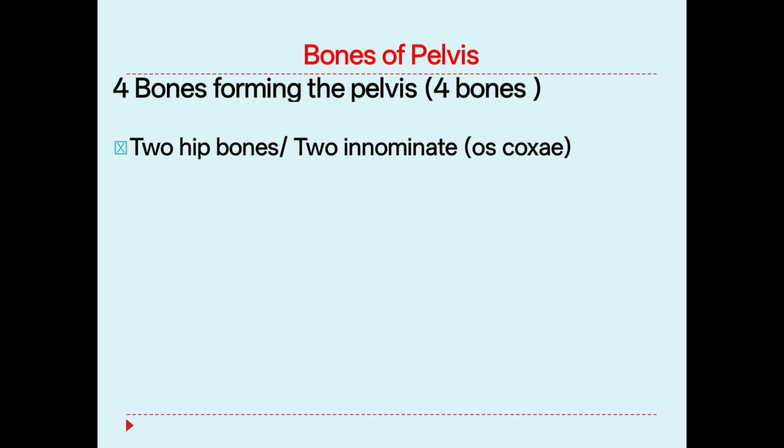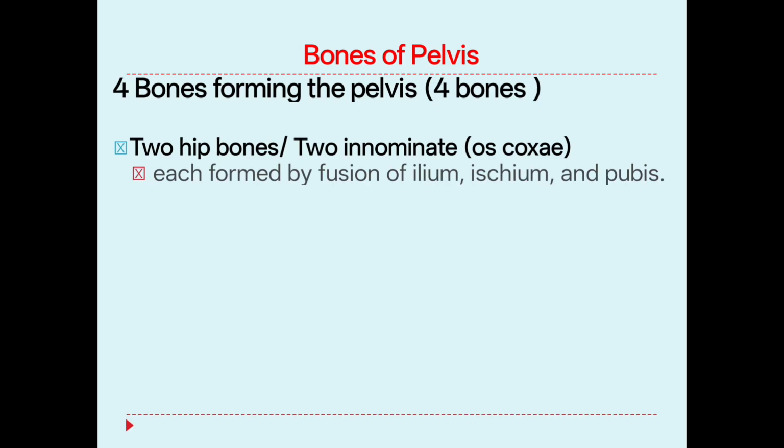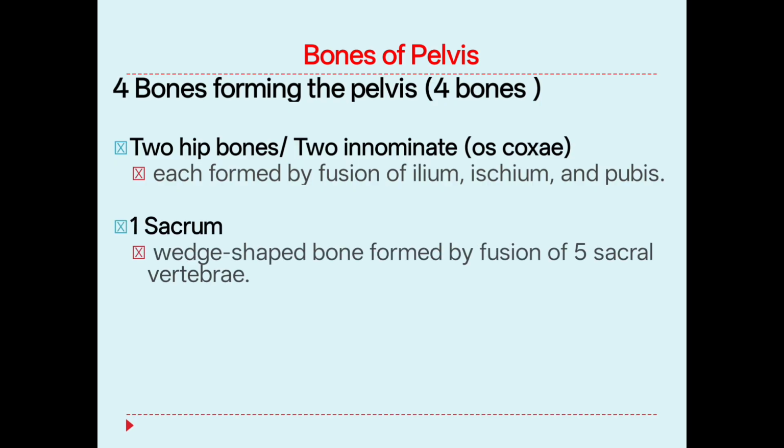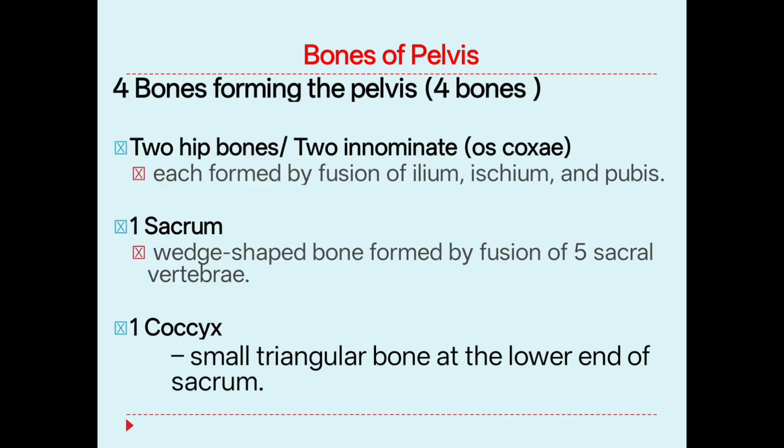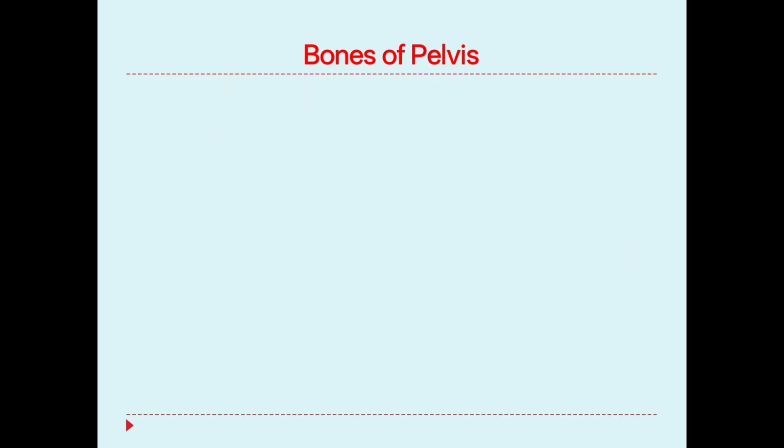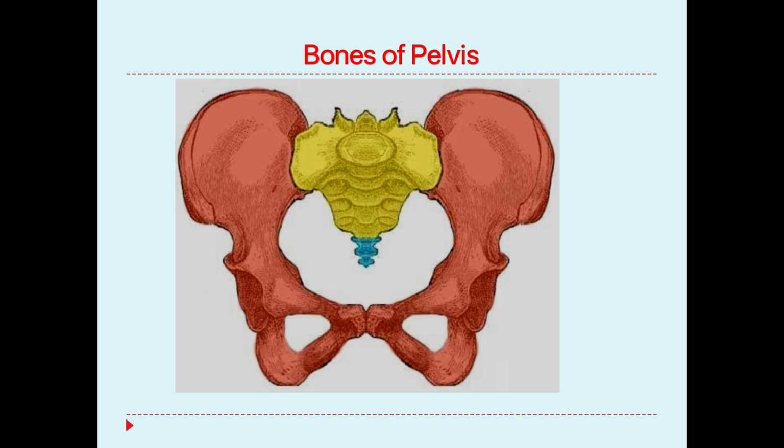So, two hip bones, each formed by the fusion of ilium, ischium, and pubis. Next, one sacrum, a wedge-shaped bone formed by fusion of five sacral vertebrae, and one coccyx, a small triangular bone at the end of the sacrum. Give a glance to this picture.